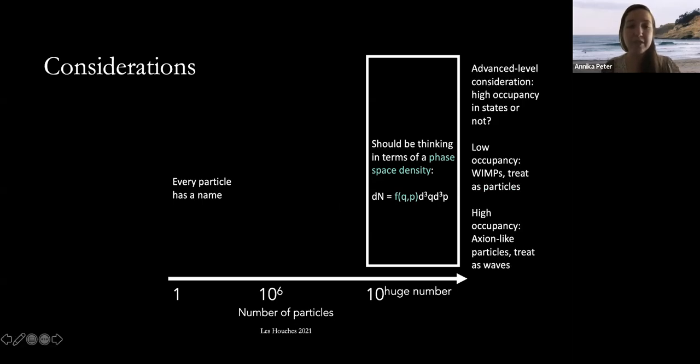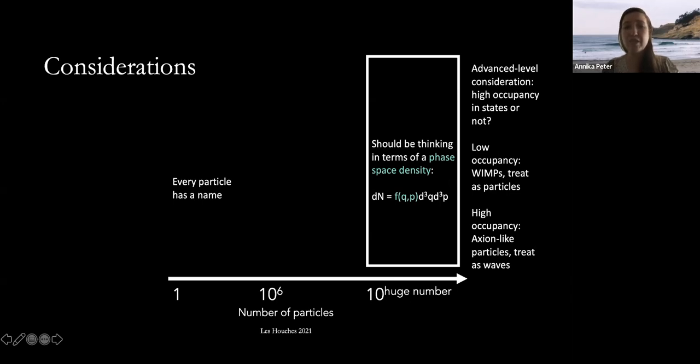Okay, so that is one level of consideration. Do we just have a few particles, or do we have a ton of them? Globular clusters kind of live right here, in the 10 to the 6 particle range.